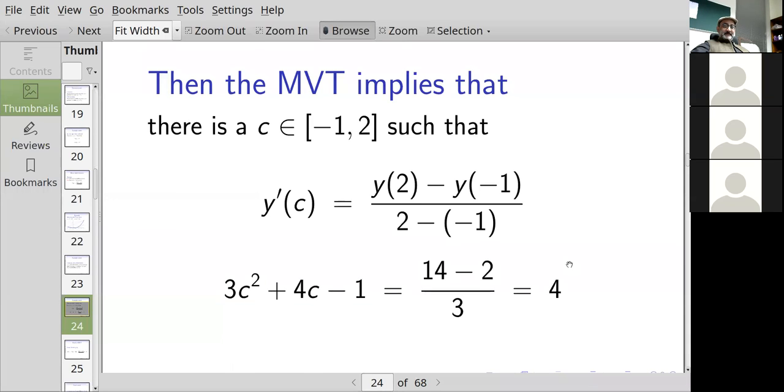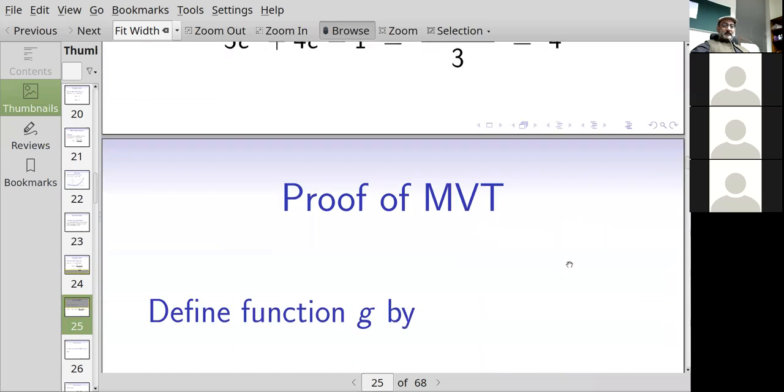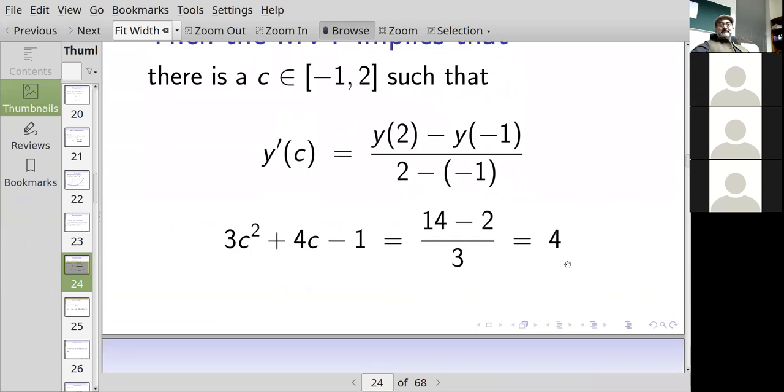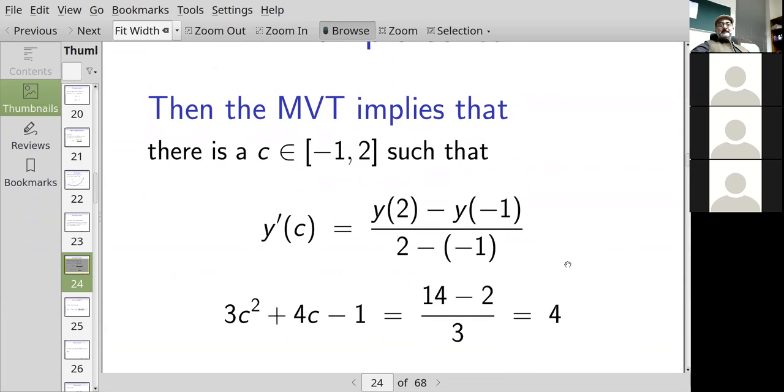Any questions about that? Sir, we can find our value of C through this, right? By solving this quadratic equation. Yeah, right. You could find it through this quadratic equation.